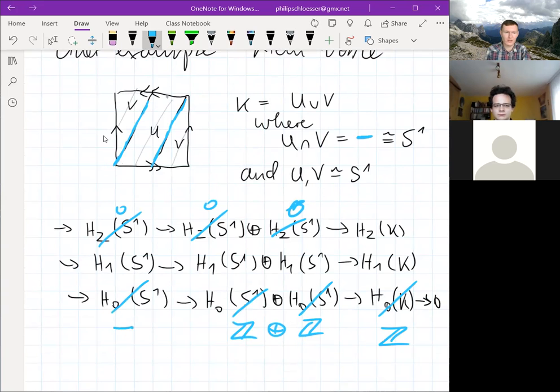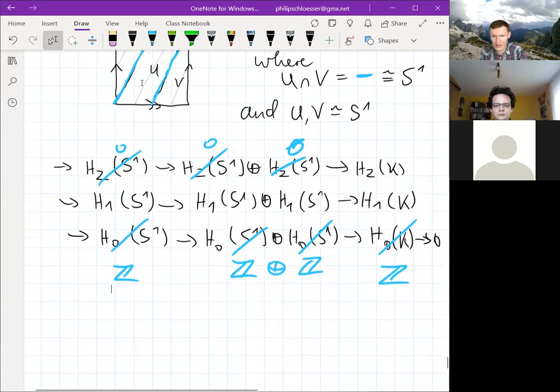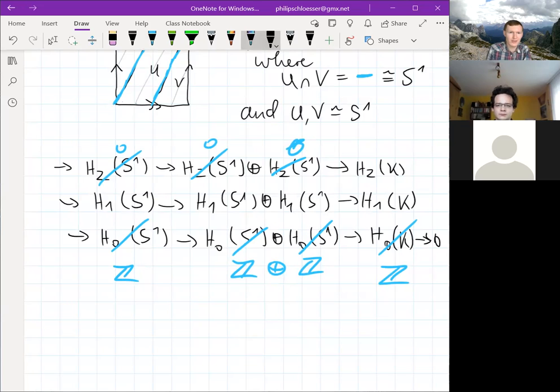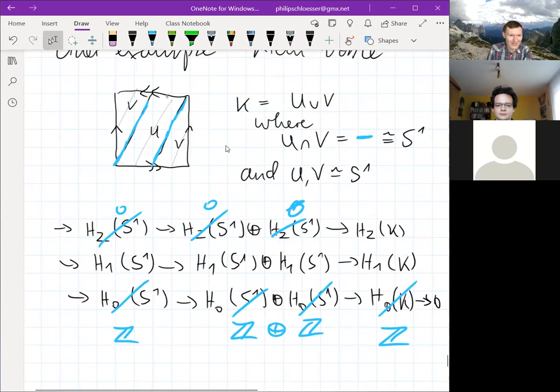And again, the one sphere is path connected, so we have Z. And I guess we can also fill in the first homology groups. That thing is also Z, that thing is Z, that thing is Z, and that thing is unknown.